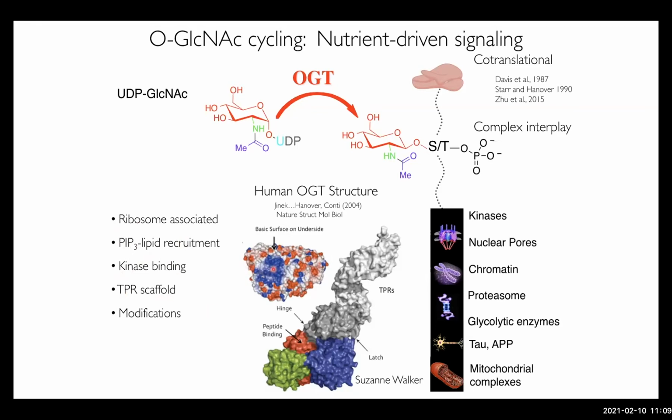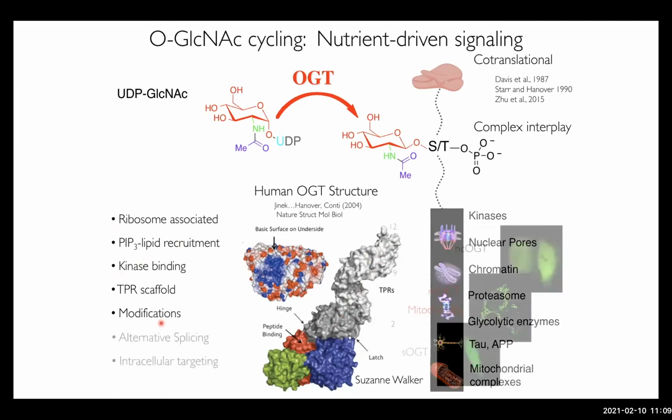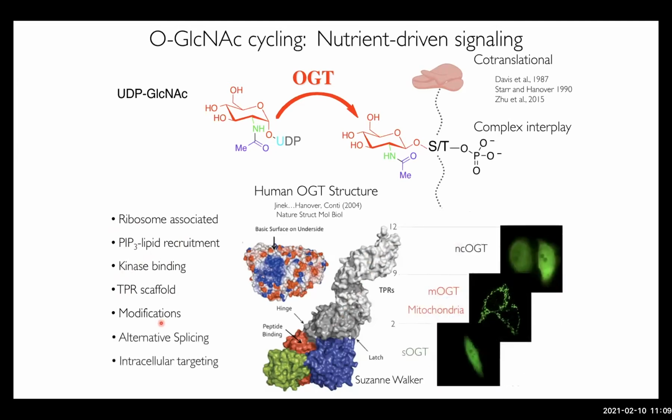It has a TPR domain, or tetratricopeptide repeat domain, that provides scaffolding for interactions. It's also subject to numerous post-translational modifications. Our lab showed early on that the OGT gene is subject to alternative splicing, resulting in different intracellular targeting to the nucleus and cytosol, to mitochondria, and within the mitochondria in the case of the short OGT isoform. So this modification, quite literally, is everywhere intracellularly.